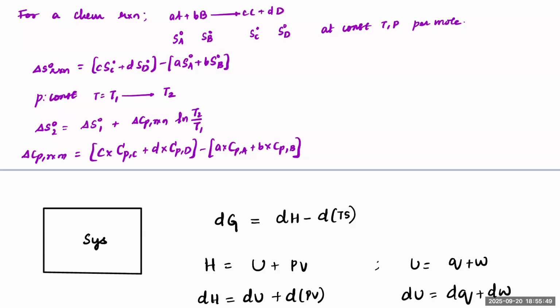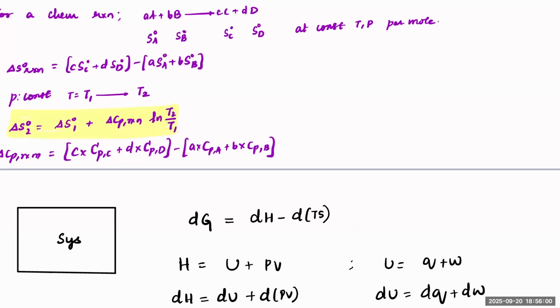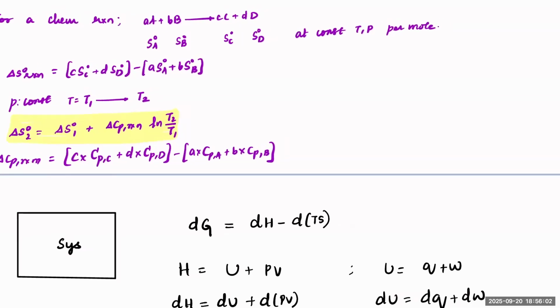And this is the formula you can utilize for change in entropy from temperature T1 to T2. This is delta S2 of the reaction.